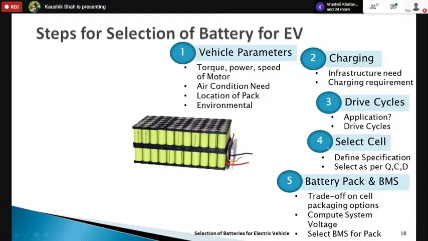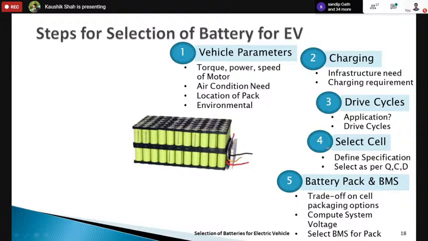This is all paper calculation first of all, and the computer system computes the voltage of the system, because you have to connect certain cells in series and parallel, and see whether it meets your system requirement, which you have defined. For example, if it's 1000 volt, this needs to be looked at, and select BMS again.